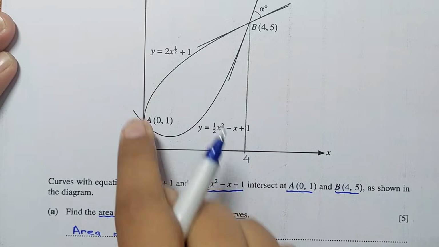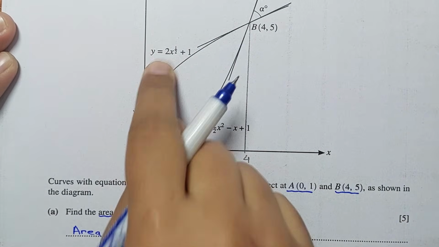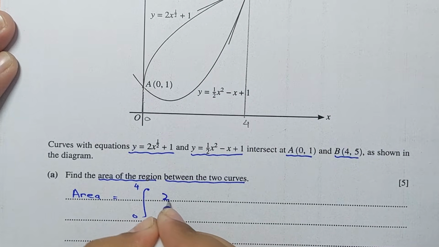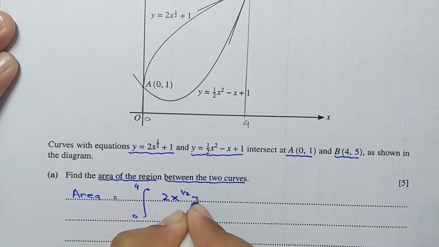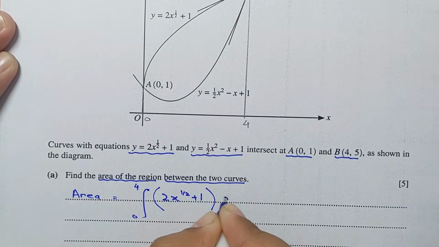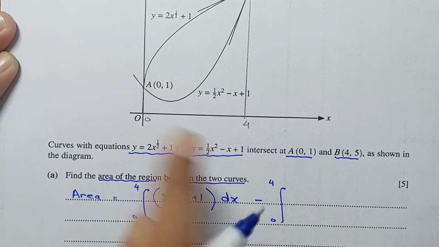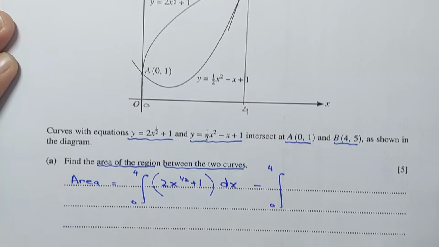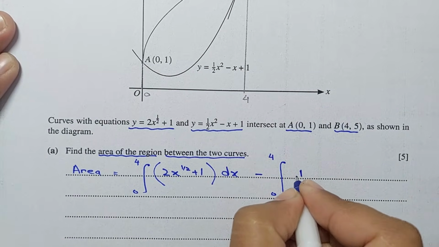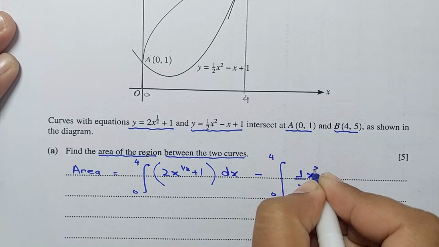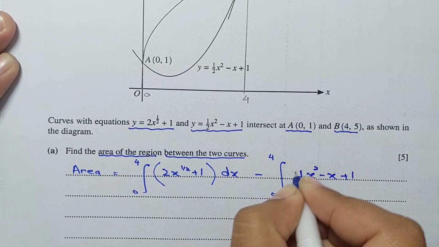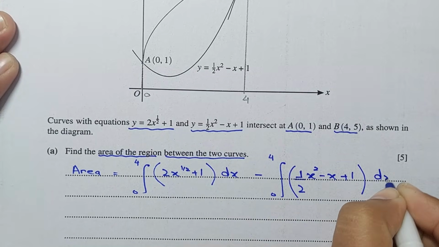The top curve is this one, y equals 2x to the power 1 by 2 plus 1 with respect to dx, minus integration from 0 to 4 for the bottom curve, which is half x square minus x plus 1 with respect to dx.